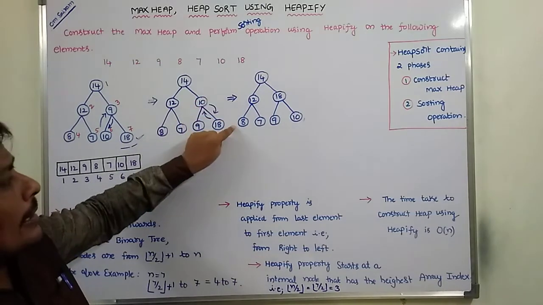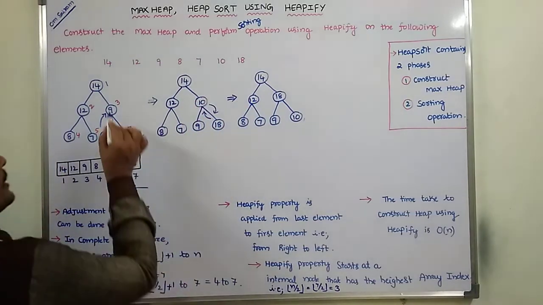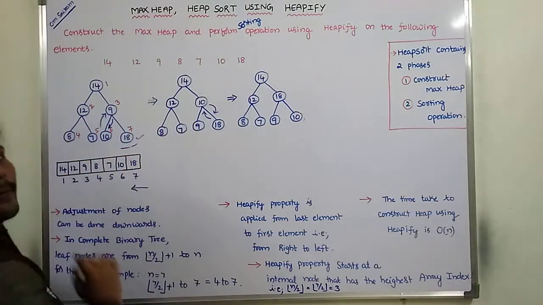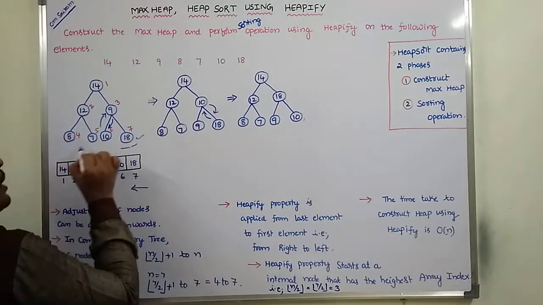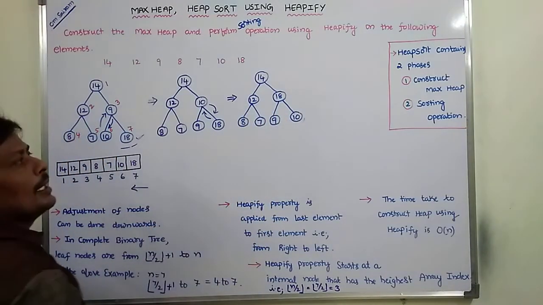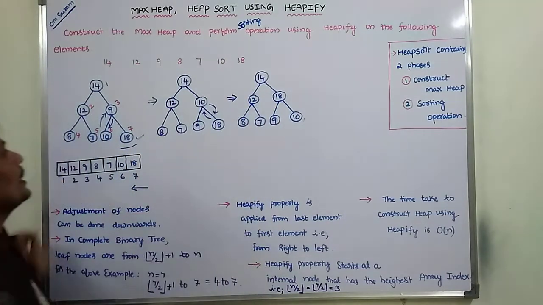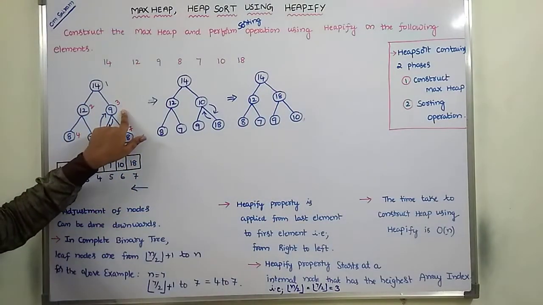So this part satisfies the maximum heap property, and this part also satisfies the maximum heap property. Now 12 and 18 have the parent 14.